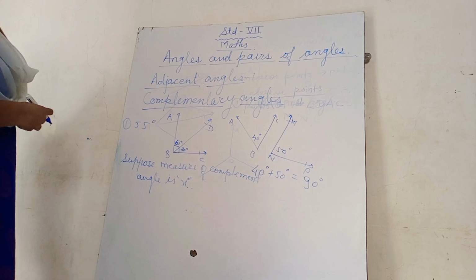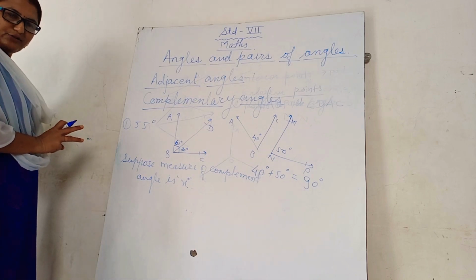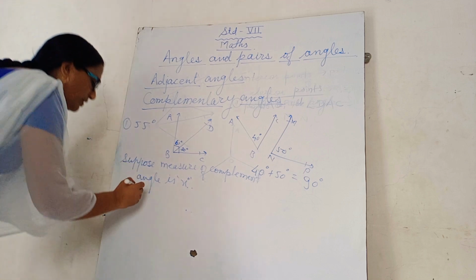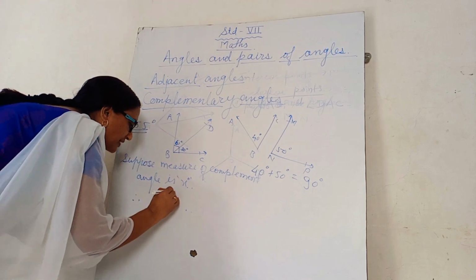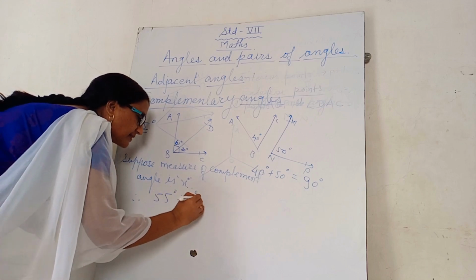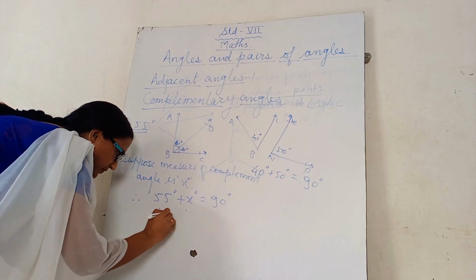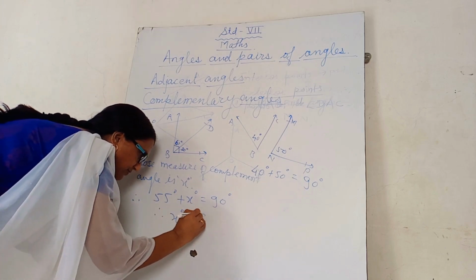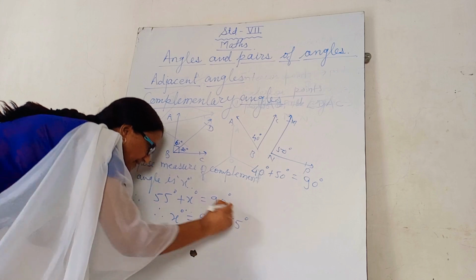Now what is the condition? The sum of two angles is 90 degrees, then they are said to be complementary. Therefore, one of them is given, 55 degrees plus x degrees. Sum is 90. Therefore, x degrees is equal to 90 degrees minus 55 degrees.